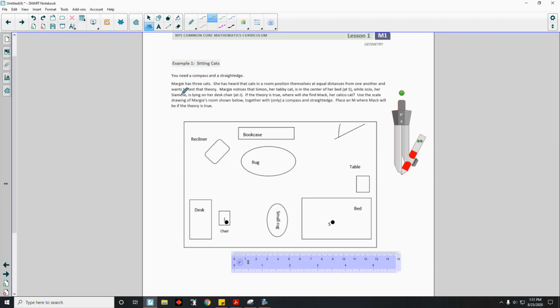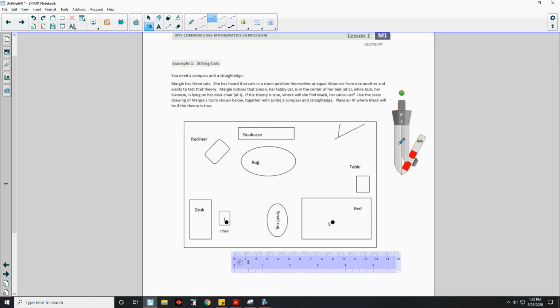While Jojo, her Siamese, is lying on her desk chair at J. So here's her desk chair, here's point J, there's the Siamese cat, Jojo. If the theory is true, where will she find Mac, her calico cat? Use the scale drawing of Margie's room shown below together with only a compass and a straight edge. Place an M where Mac will be if the theory is true.